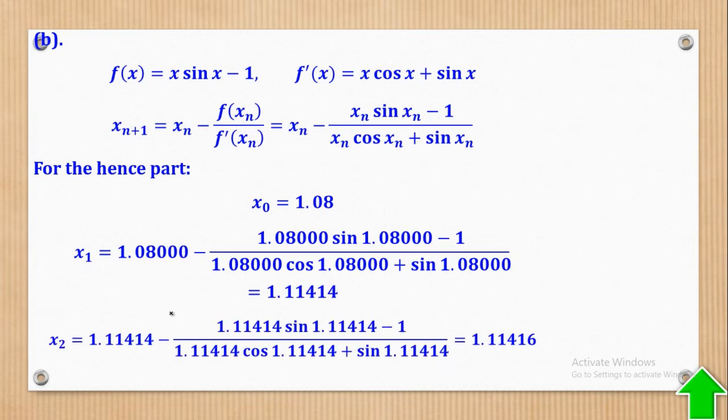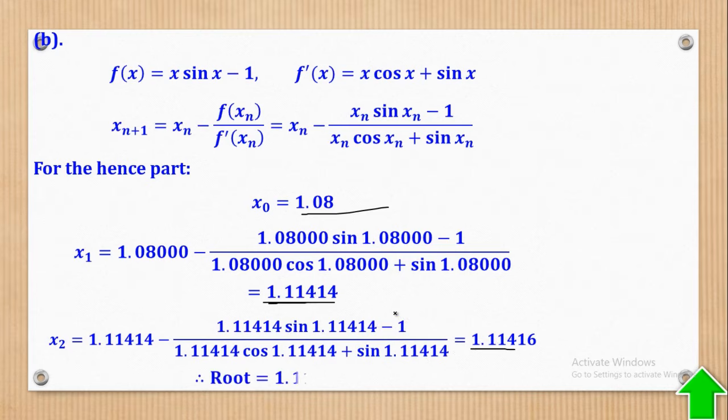Why? Because the answer is to 3 decimal places. Now this one to 3 decimal places is 1.080 and this one is 1.114. They are not the same, so you have to go to the second iteration. So the second iteration, if you compare this one, x1, it is 1.114 and this one is also 1.114.